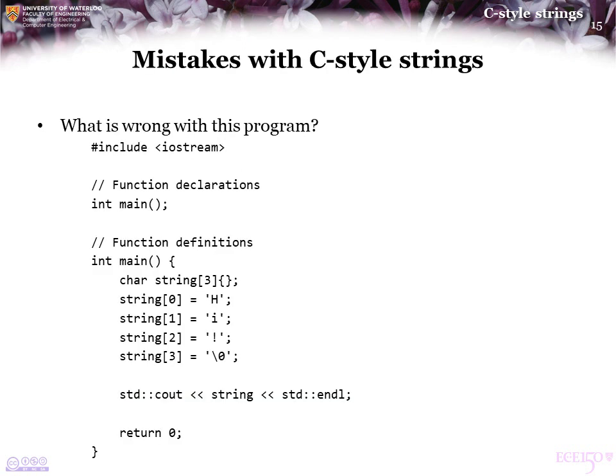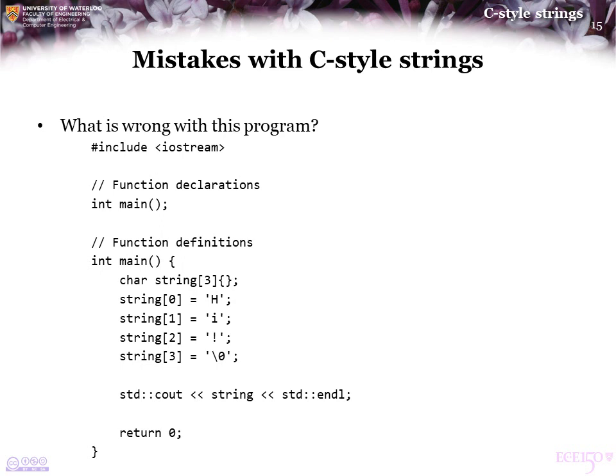Now here's another question. What's wrong with this program? Here I have a character array, and I am setting the first three characters to be the word hi with an exclamation mark, and then the entry at index 3 is set to the null character.